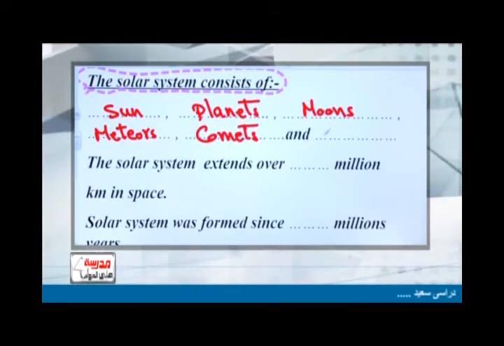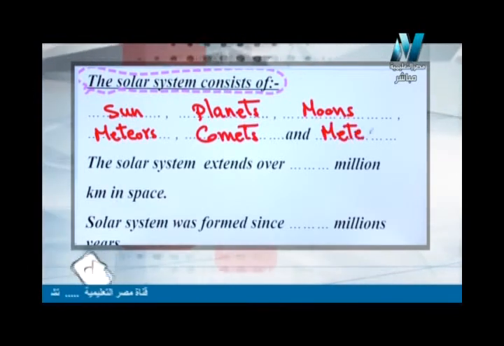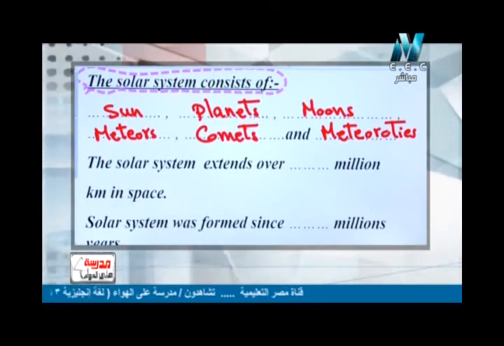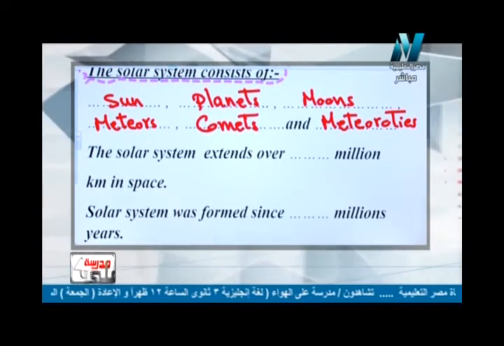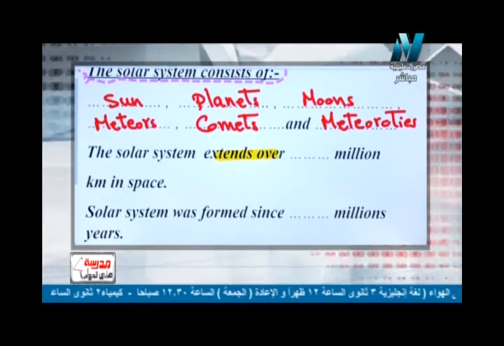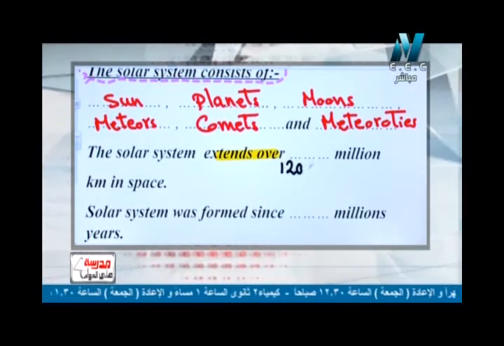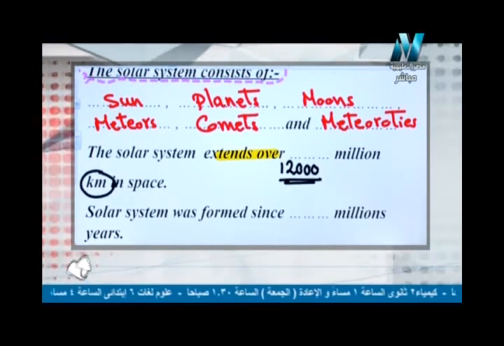We can write here at least 4 components of the solar system. The solar system extends over how many? This number is very important. 12,000 million kilometers in space.